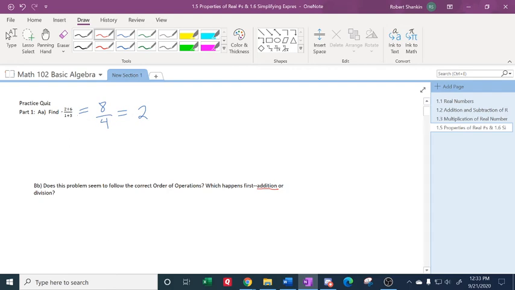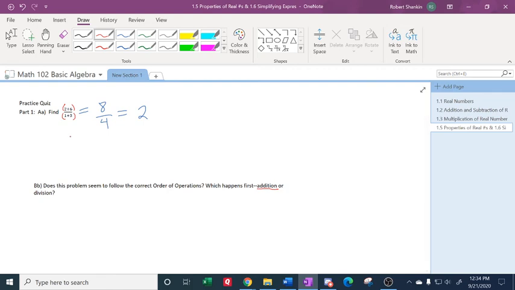The reason is whenever there's a long fraction bar, so there's more than one term, remember terms are separated by addition or subtraction, then there's an implied parentheses here, and implied parentheses here. The top and the bottom are really in parentheses, but they don't have to write them.